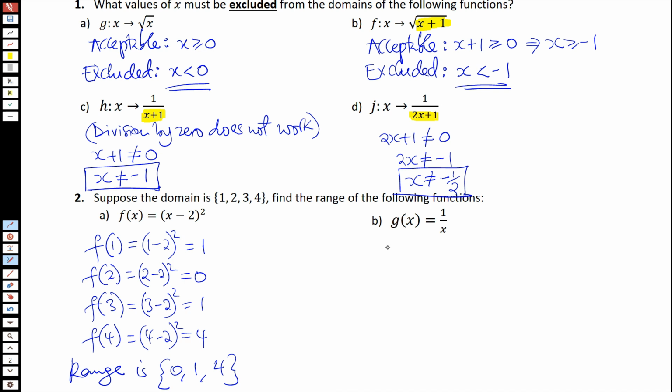In this case here, we can basically just apply the same approach and find those outputs.